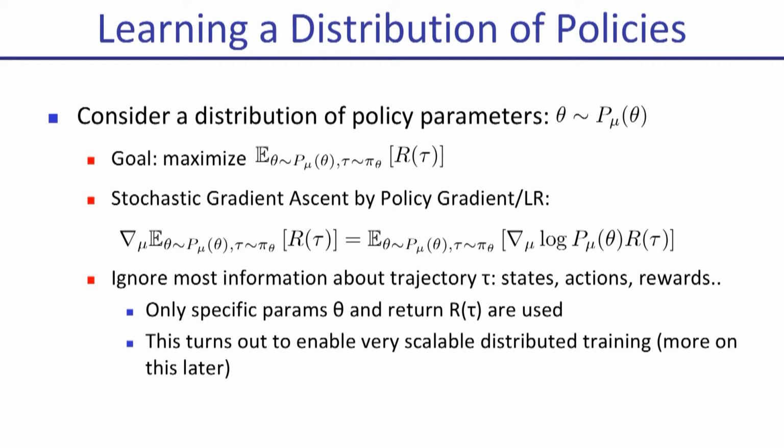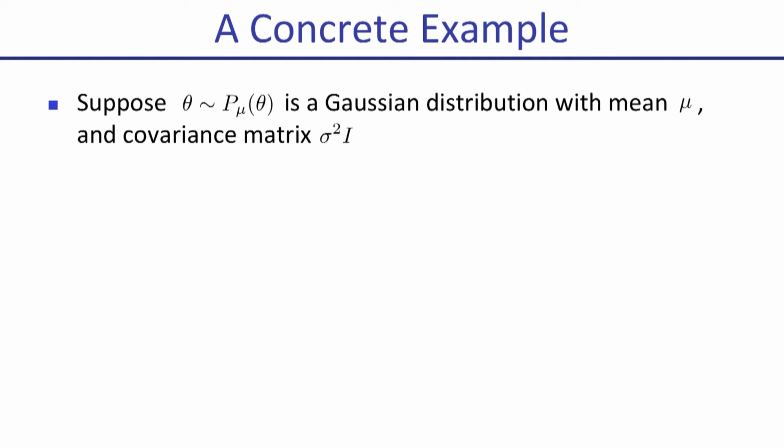We will see more of this later. So let's work out a concrete example of what this type of gradient estimate would look like. Suppose, again, our parameter theta is just a diagonal Gaussian distribution with some mean mu that we want to tune, and we assume we have some fixed covariance matrix.